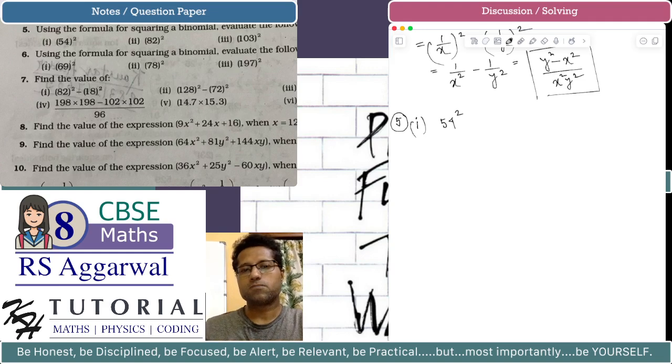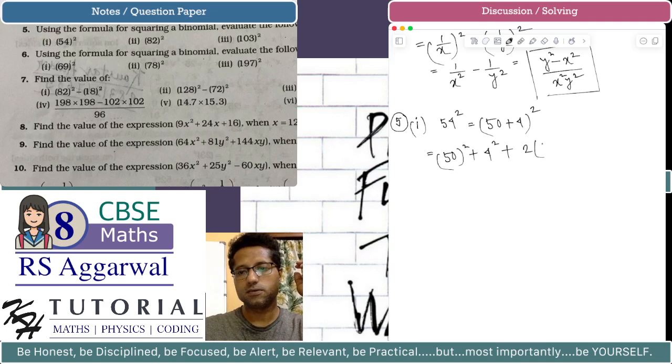So 54 can be written as 50 plus 4, and we have the square. So this becomes the form a plus b whole square, that is a square plus b square plus twice a into b.